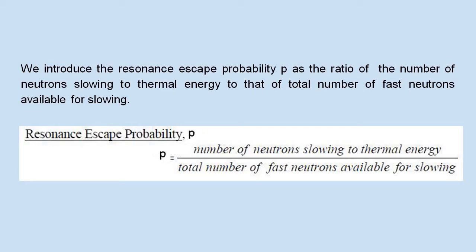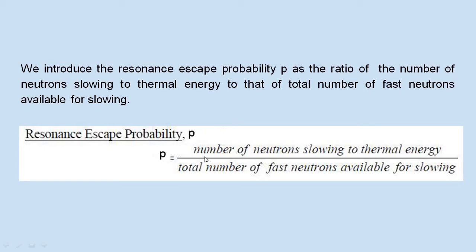So we introduce the resonance escape probability P as the ratio of the number of neutrons slowing to thermal energy to that of the total number of fast neutrons available for slowing. So we have the total number of neutrons available, and from this a small fraction is lost to resonance.